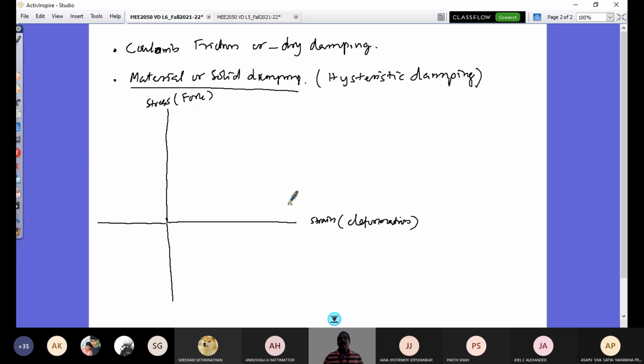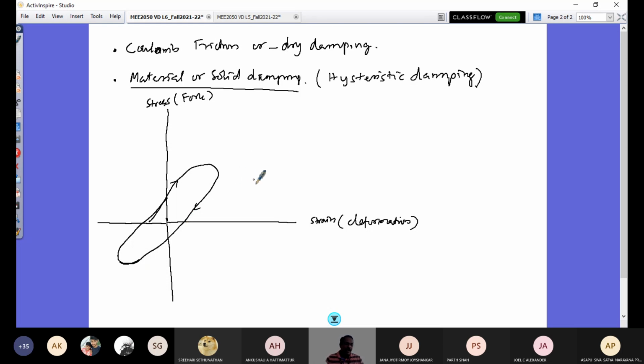So either stress strain or force or deflection. And you see that the hysteresis loop is something like this. So this would be in a loading cycle and then it is an unloading cycle. So the area in this loop is what is the energy that is dissipated.